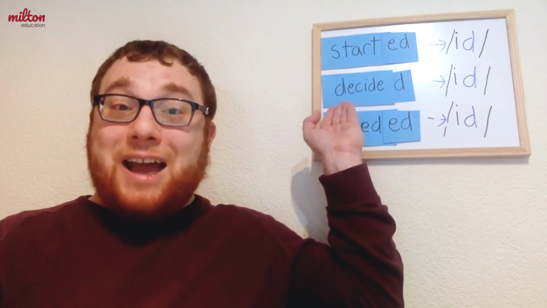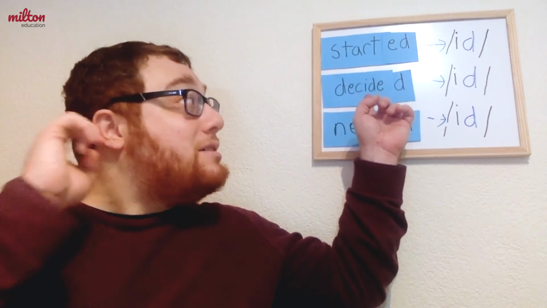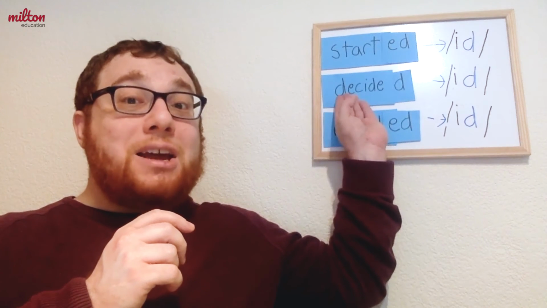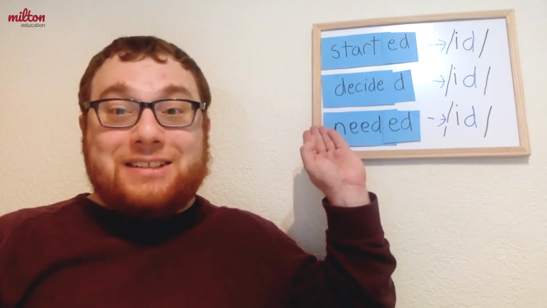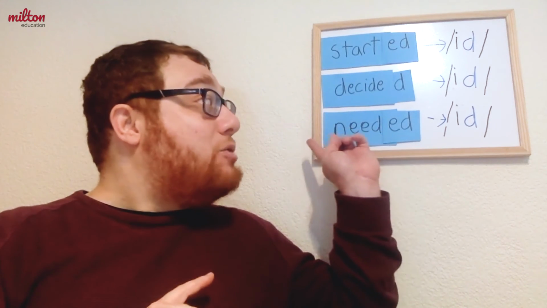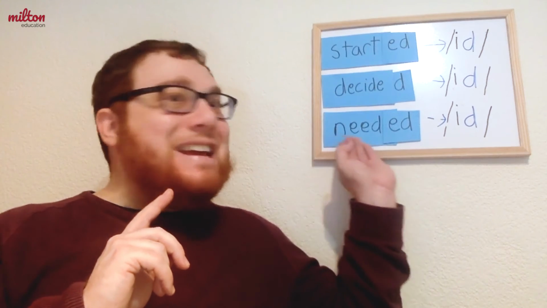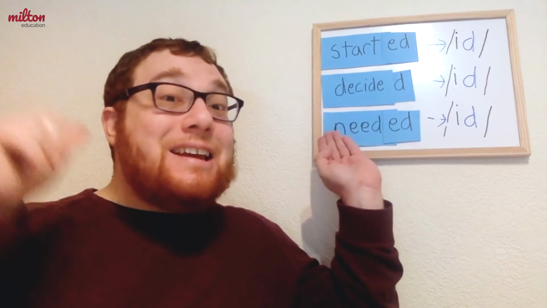The same thing happens with decide. The d is the final sound, so decide becomes decided in the past simple tense. And look at need. The final sound in need is d, so need in the present becomes needed in the past.